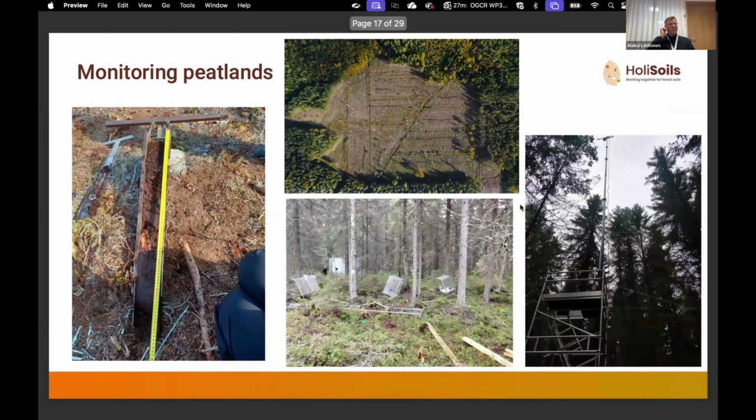Okay. So the image on the left illustrates the stock measurements in a way. The challenges are related to the fact that when we come back to this location, let's say after 10 or 20 years, we should find the location, but we cannot take the sample from exactly the same point because there is a hole in the peat.